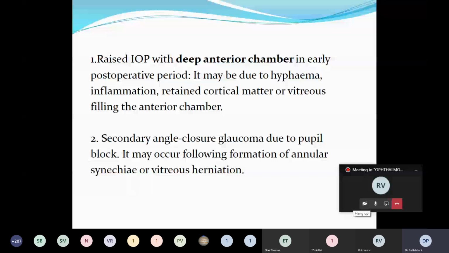That's what I explained. If there is a shallow anterior chamber and a raised IOP, that may be because of pupillary block, which is formed because of annular synechia or vitreous herniation. So again, this can be open angle type or angle closure type.